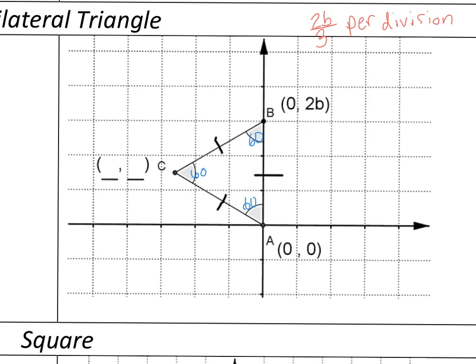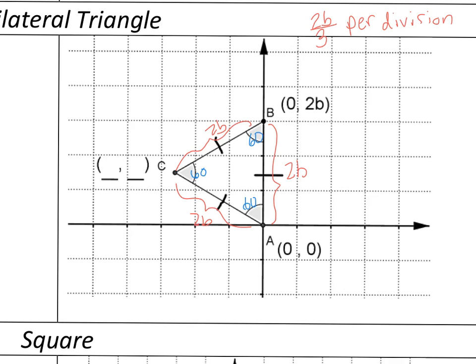So hopefully you can get comfortable with dividing a scale algebraically. Okay, in any case, we see that the length of each of our sides is 2b. So each one of these are congruent. They're all 2b in length.